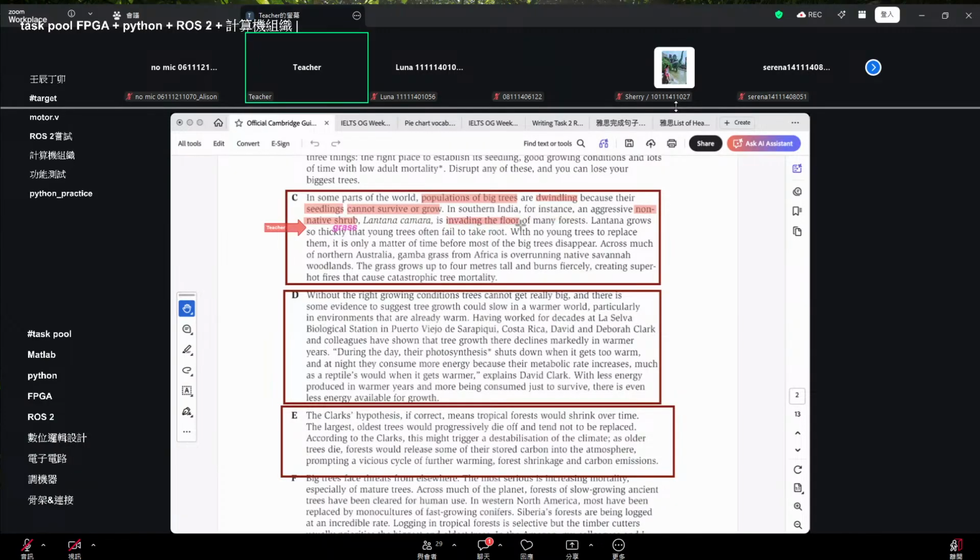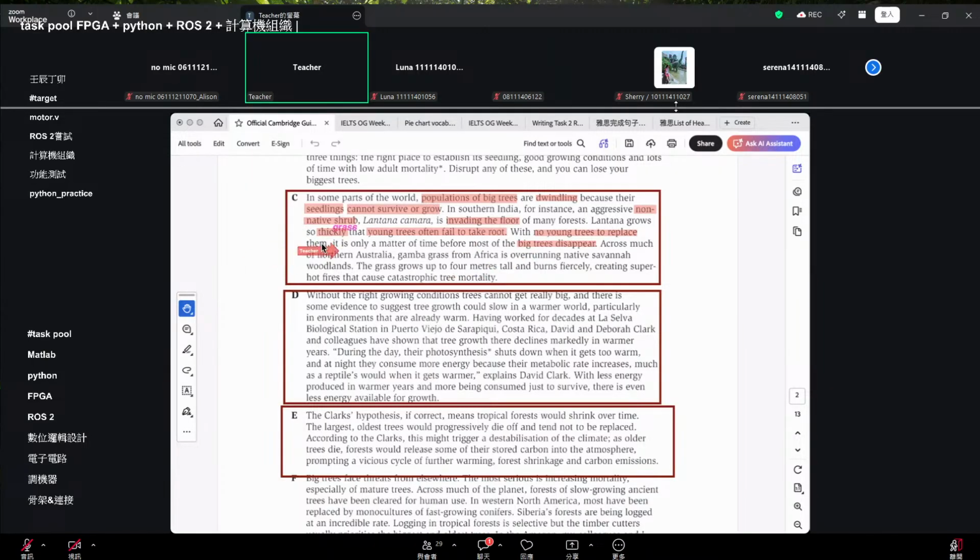Okay, so that means Lantana camara took away the place. The original trees need to make way for the alien species. It grows so thickly that young trees often fail to take root, because Lantana grows thickly, right? With no young trees to replace them, it's only a matter of time before most of the big trees disappear. Okay, no young trees to replace, and then big trees disappear.